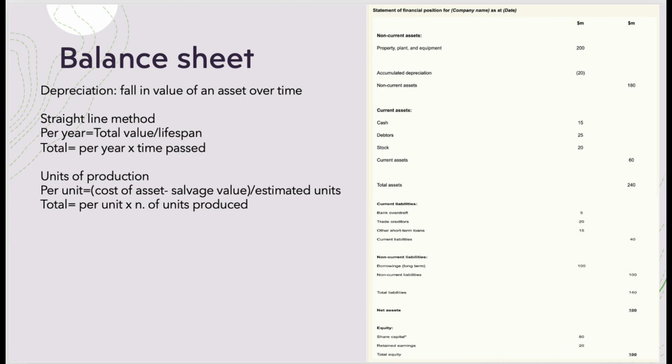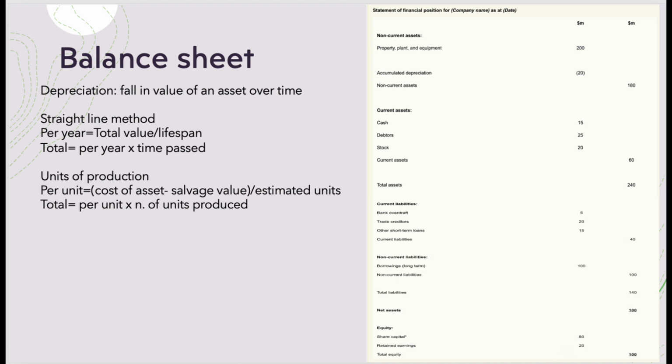Then you have current assets, which are cash, debtors, and stock. Those are the only ones that count as current. You have total current assets. And then you have total assets. So just add current and non-current together. Whereas we go the opposite way around for liabilities. So we go current liabilities first, total current liabilities, non-current liabilities, total, and then we have the full total liabilities.